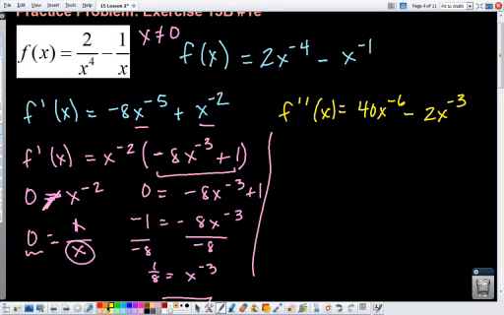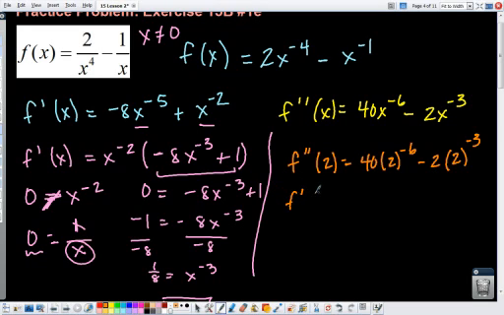Okay, so in the second derivative, f double prime of 2 equals 40 times 2 to the negative sixth minus 2 times 2 to the negative third. If I were to just put this straight away in my calculator, I would get f double prime of 2 equals positive 3/8.